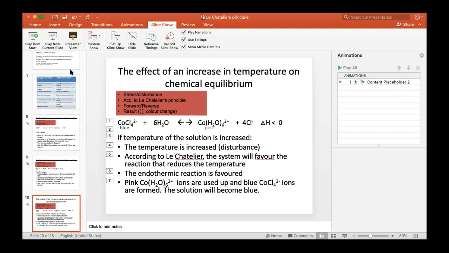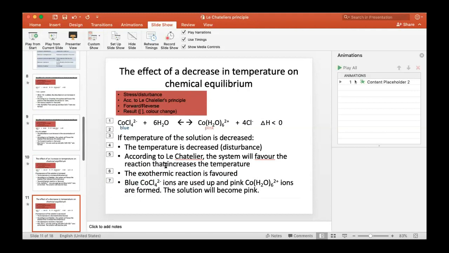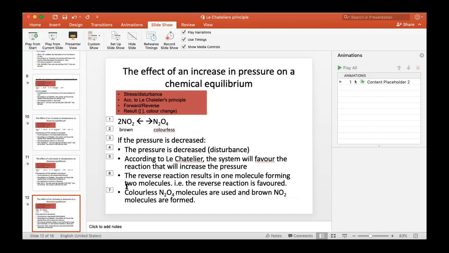We looked at the example of an increase in temperature. An increase in temperature favors the endothermic reaction. That is the highlight, right? And then we know that a decrease in temperature favors the exothermic reaction. And then we know that a decrease in pressure favors more moles, right?